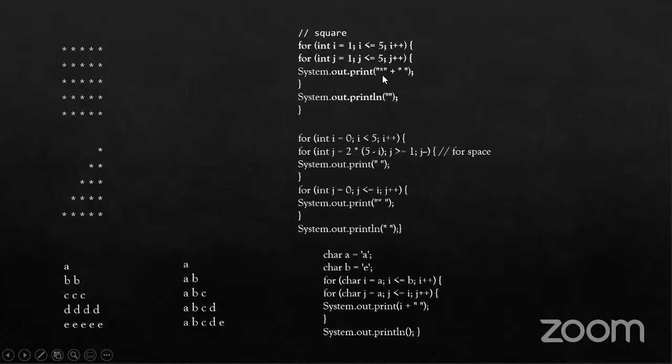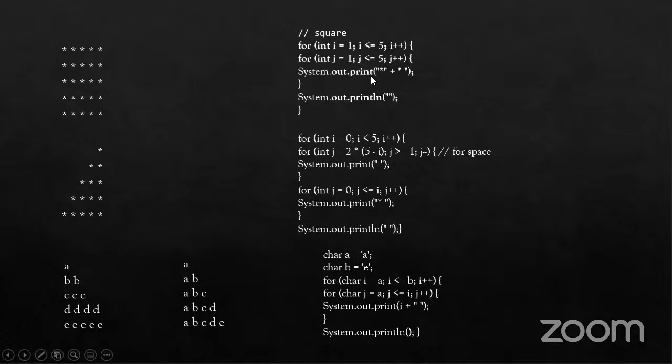Then we can print star. If we need to print any other thing, like alphabets or something, I'll explain how to print the alphabets and numbers later.